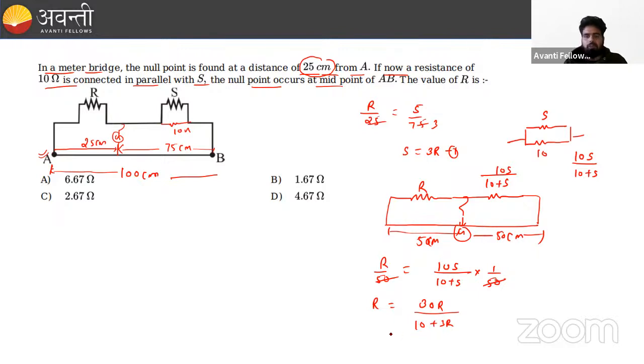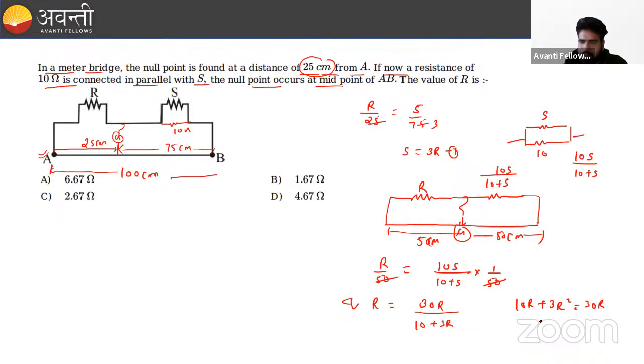So if we solve this equation, what we will get here, guys, is 10R plus 3R square equals 30R.